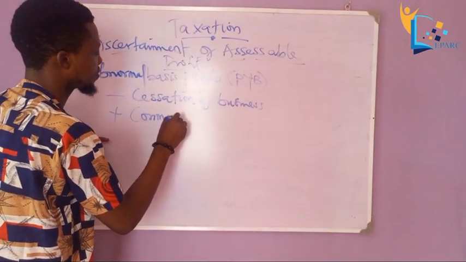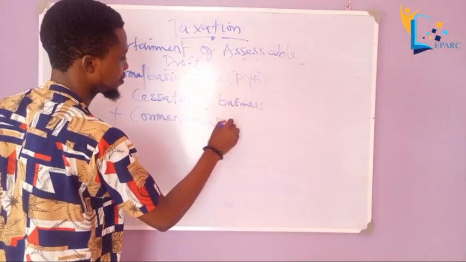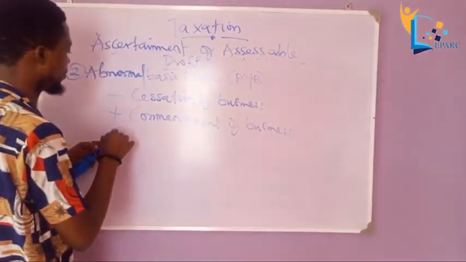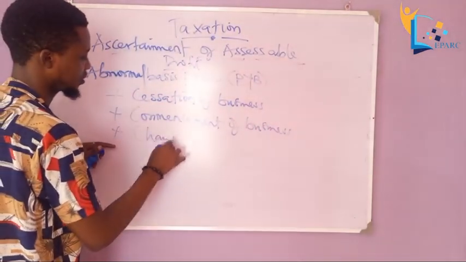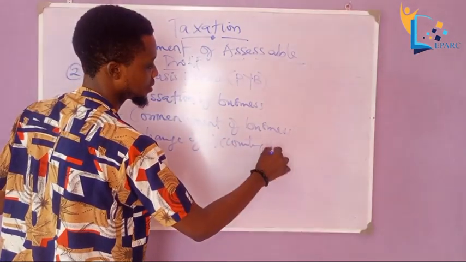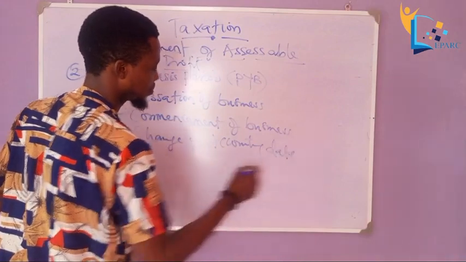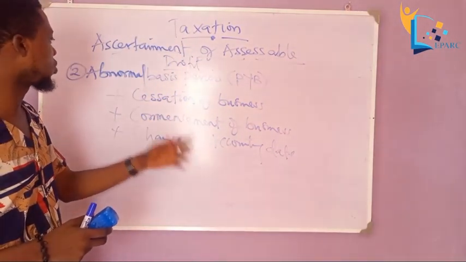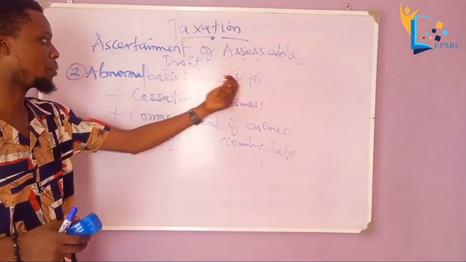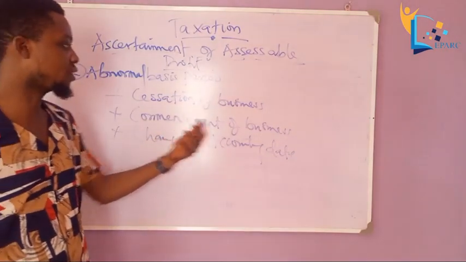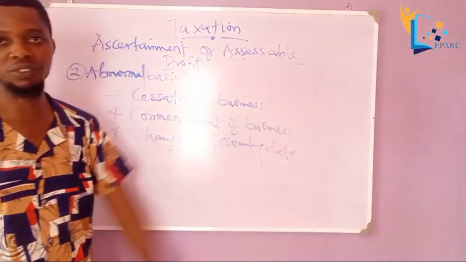Commencement of business. Then we'll have change of accounting dates. Now, these three scenarios may give rise to the use of abnormal basis period: cessation of business, commencement of business, and change of accounting date.